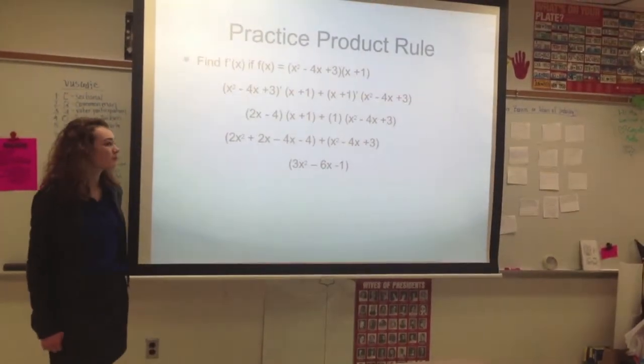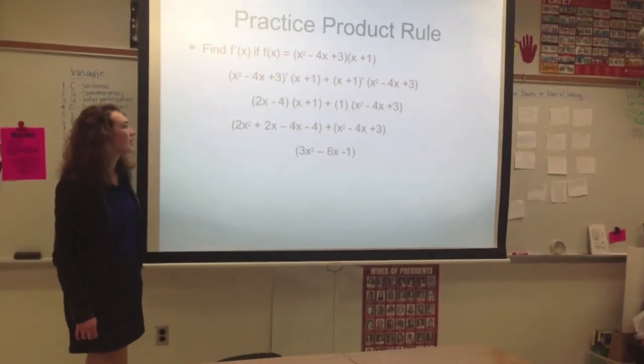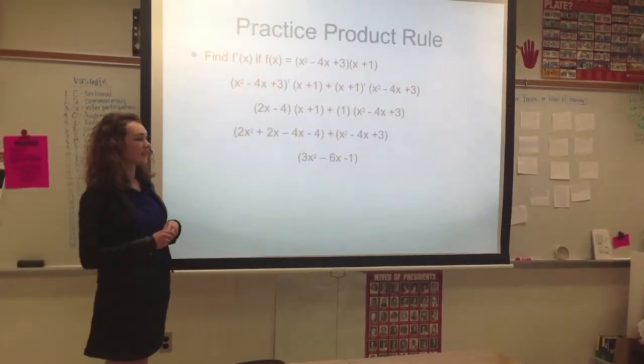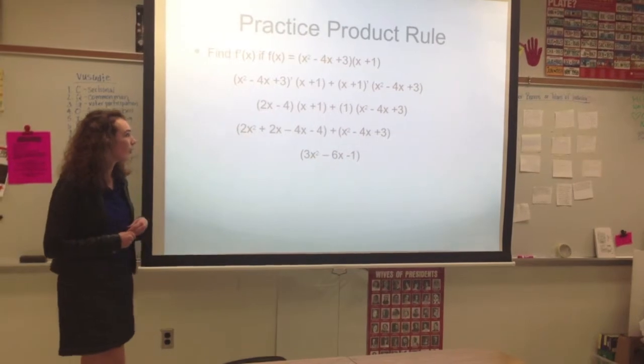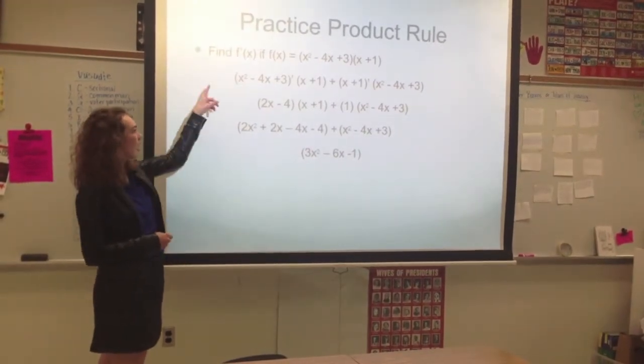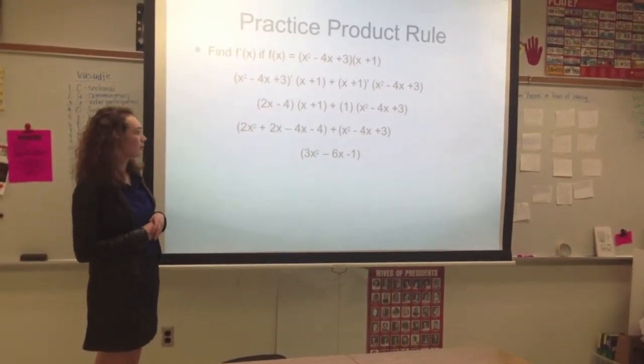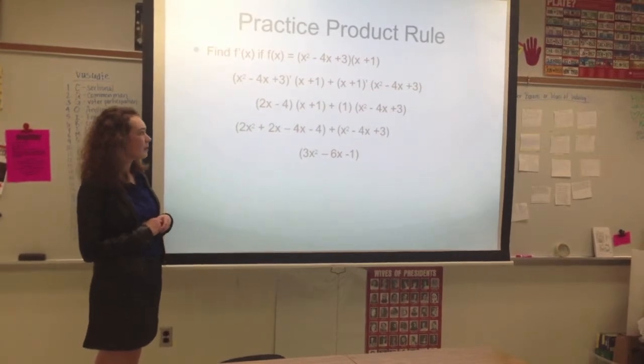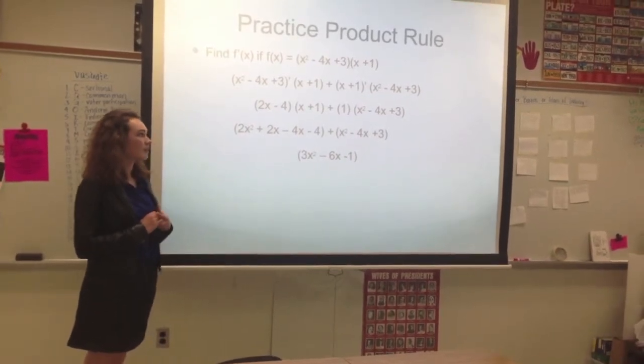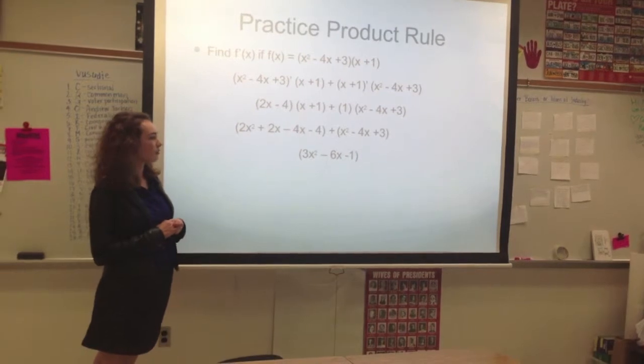For our second example for product rule, we have x squared minus 4x plus 3 times x plus 1. And then you're going to have the derivative of x squared minus 4x plus 3 times x plus 1 plus x plus 1 derivative times x squared minus 4x plus 3.